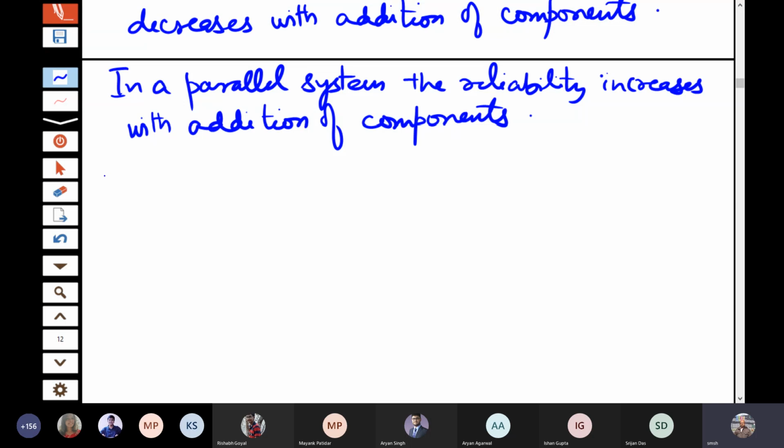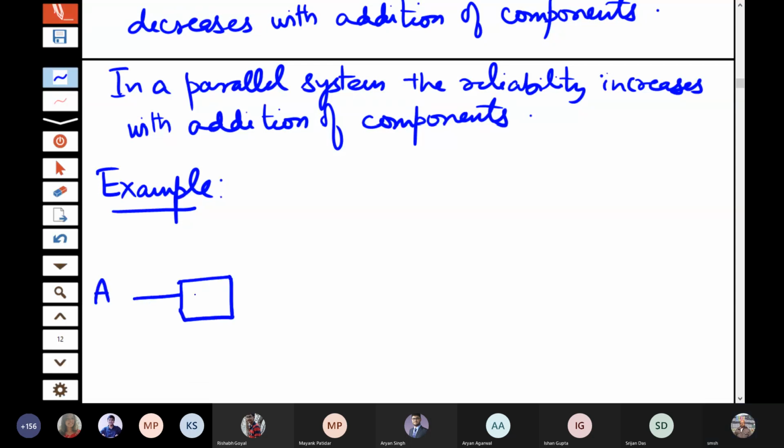So let me just take some example here. We have A here. We have system reliability for this one as 0.99.